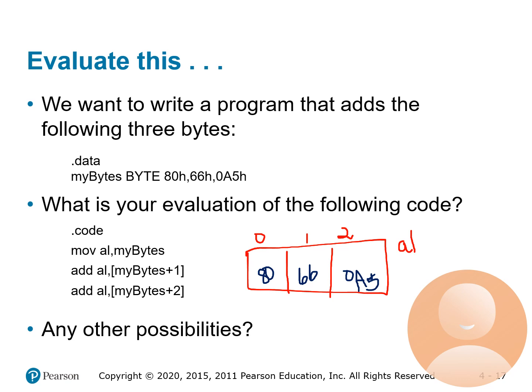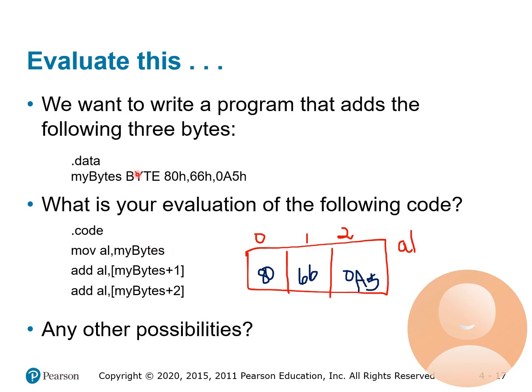Okay, here we want to write a program that adds the following 3 bytes. So we're going to add 80 hex plus 66 hex plus A5 hex. So the first step is there's different ways you could do this, many different ways, but here's one solution. They take my bytes, which is the 80, and they move it to AL.